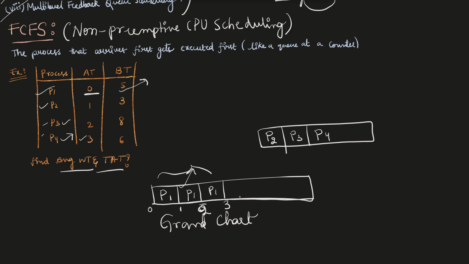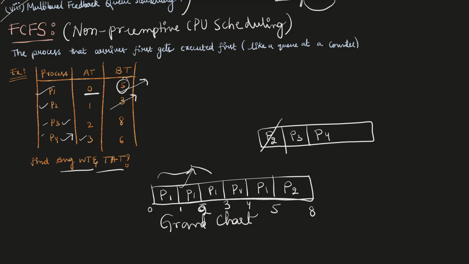Now P1 will move another unit, that is 4. There is no process arriving. Next it would complete its execution, so at 5 units P1 has completed. The next process in the ready queue is process P2. P2 will move from 5 to 3 units, that is 5 plus 3, which is 8.